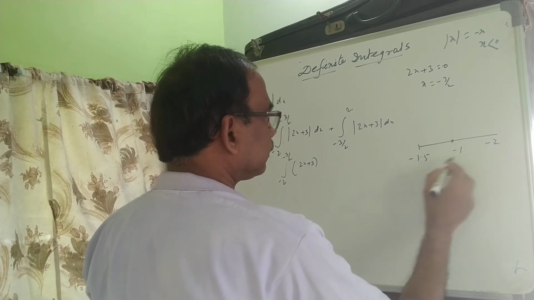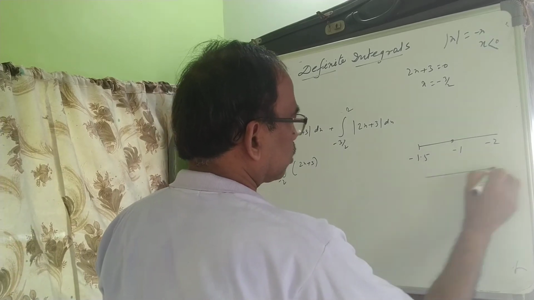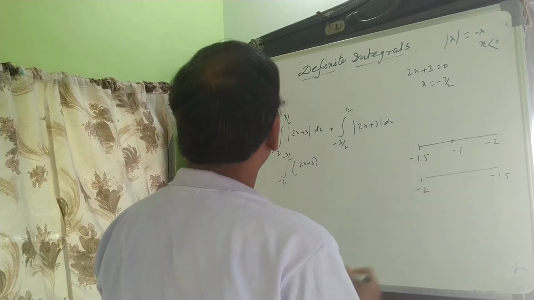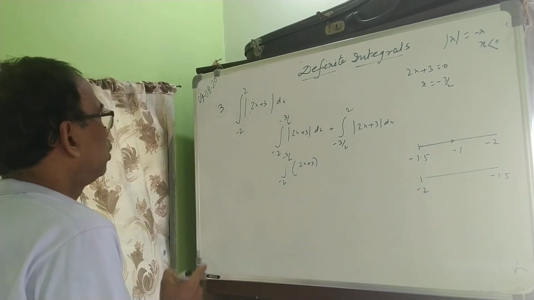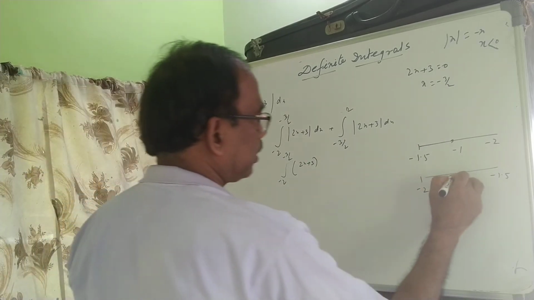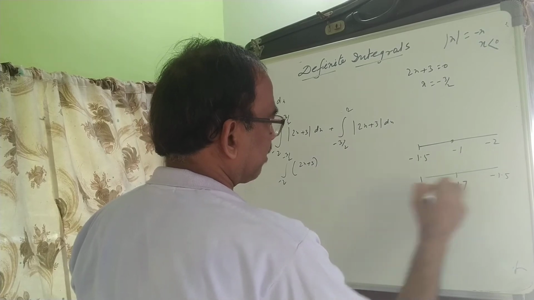It is wrong. Minus 1.5, there is minus 2. Minus 2 to minus 1.5, upper limit minus 1.5.